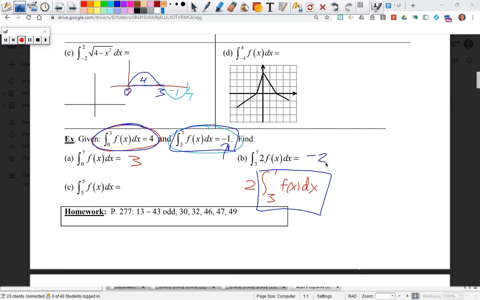So when they give us a graph, do we always assume it's a velocity graph? When they give you a graph, the default assumption is that they give you the velocity graph.